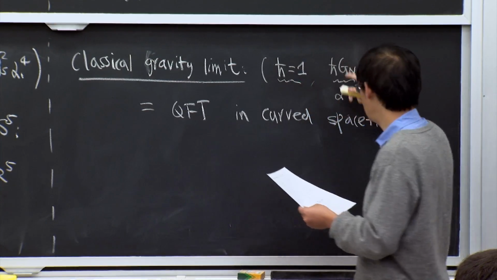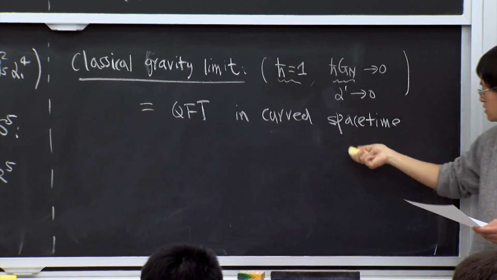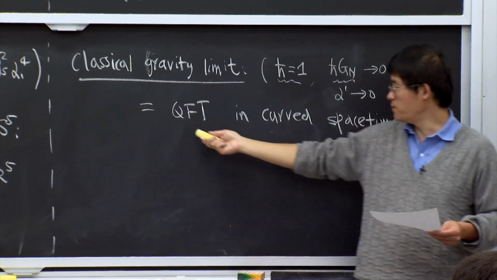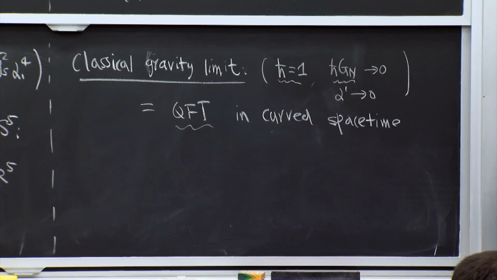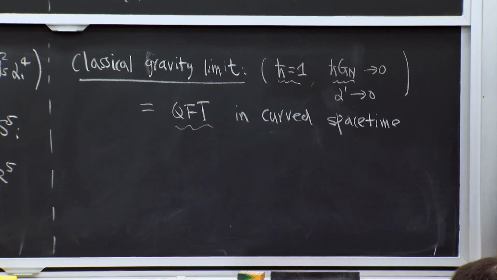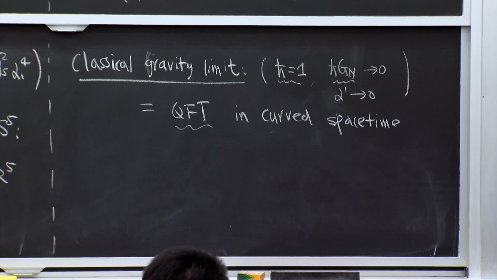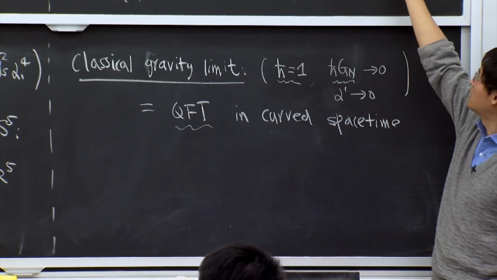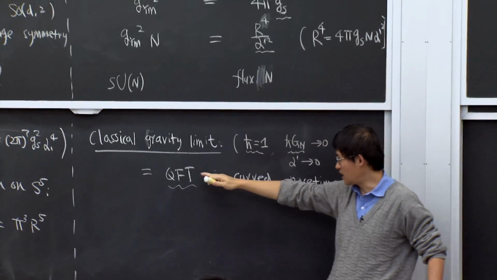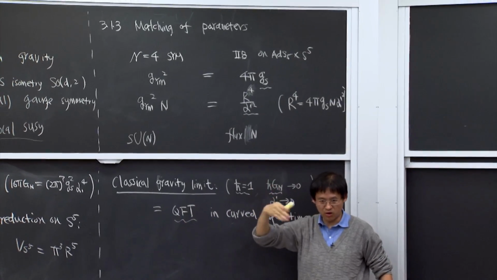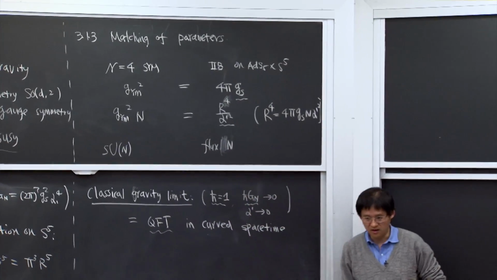Gravity does not fluctuate, so you have a rigid curved space-time, but your matter field can fluctuate with h bar equal to 1. Essentially we are dealing with quantum field theory in curved space-time. In the type IIB supergravity, there are many such matter fields, and they all should be treated quantum mechanically.